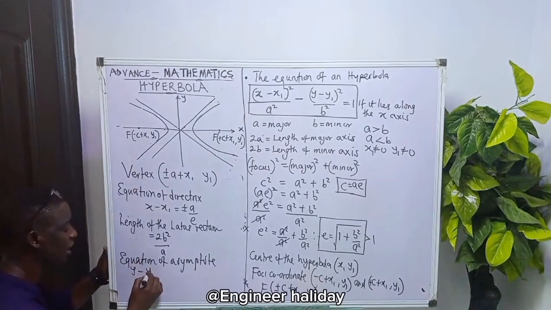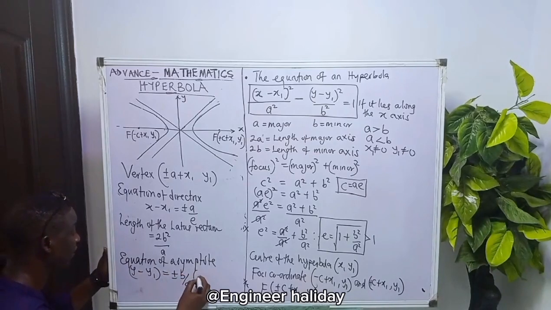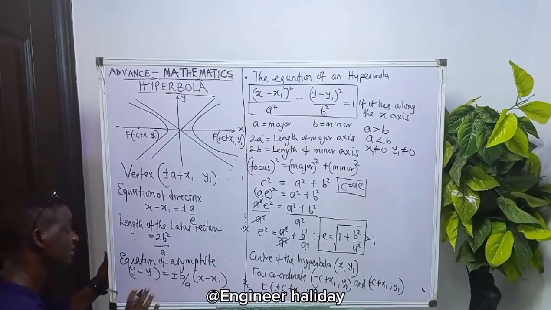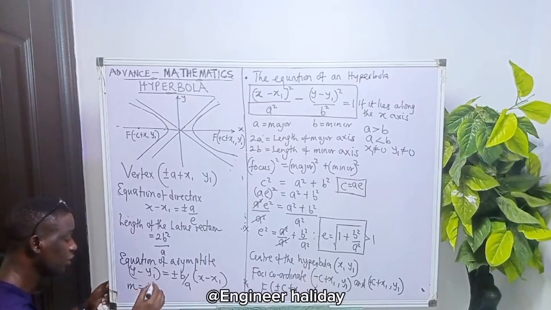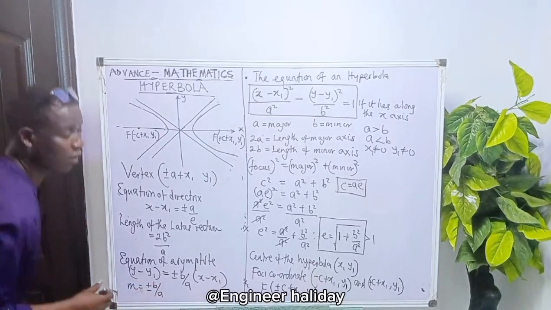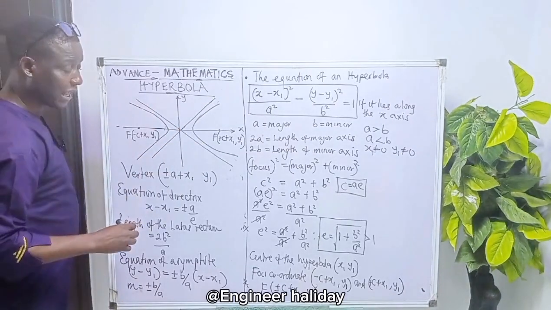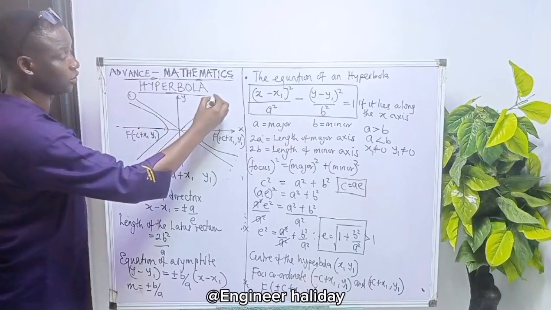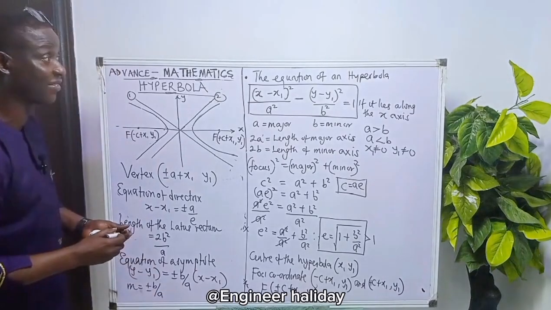It's y minus y1 equals plus or minus b over a into x minus x1. That means the gradient in this case is plus or minus b over a. One is for minus, one is for plus. There are two lines, number 1 and number 2.